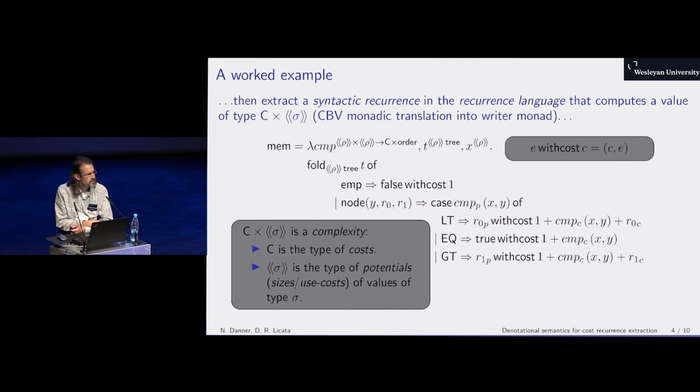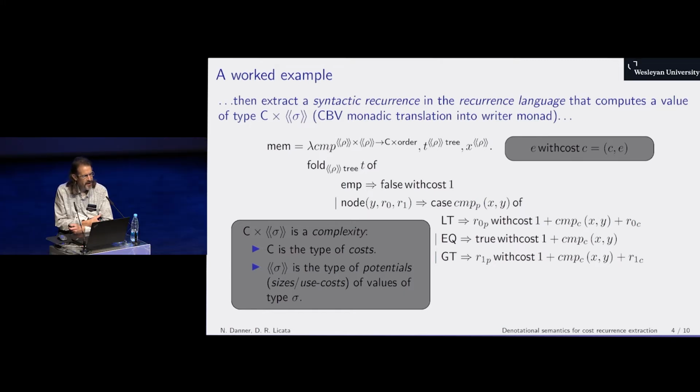sigma into a new program of type what I'll call cost and the potential of sigma. So type C there is a cost type, which in the syntax is basically just a type, but will generally be interpreted by numbers or something like that. And then potential of sigma is the other part there.